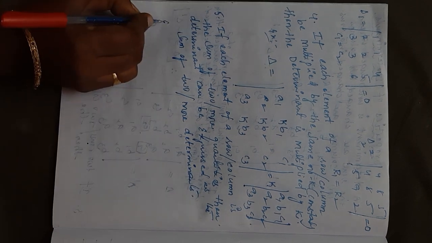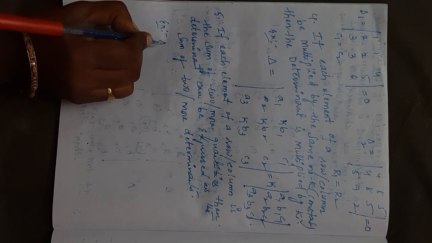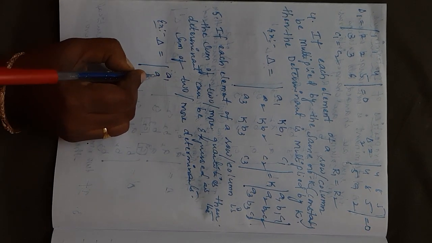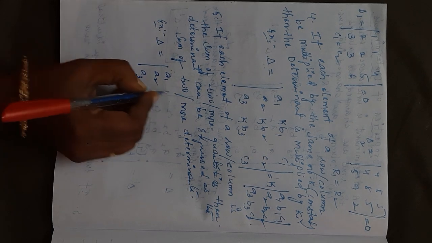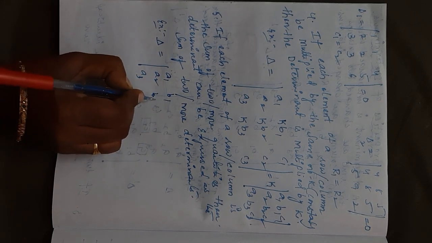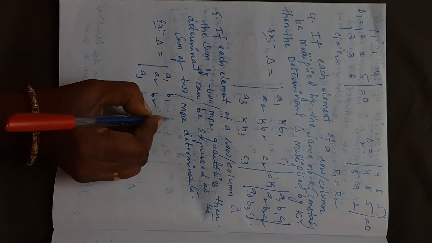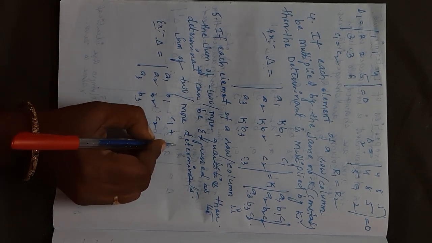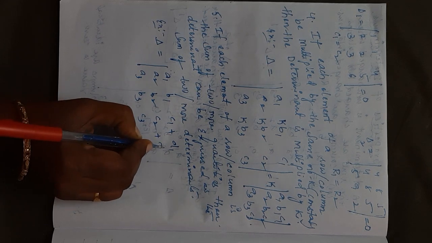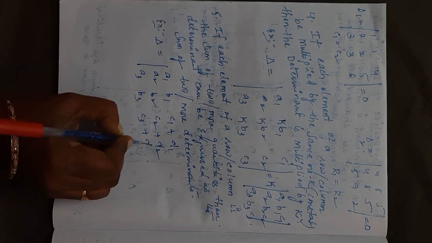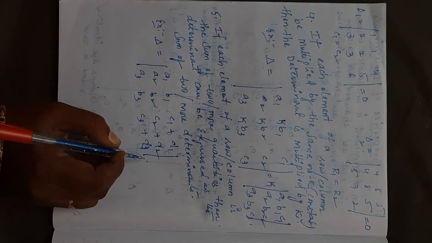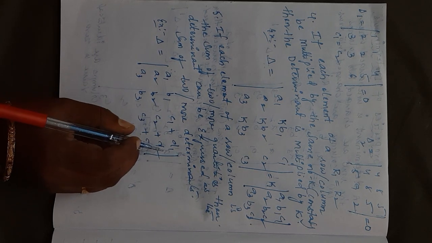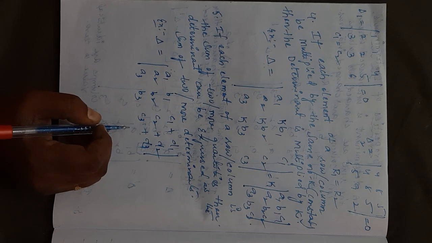For example, let us consider delta equal to a1, a2, a3, b1, b2, b3, c1 plus d1, c2 plus d2, c3 plus d3. So here in the third column you have two quantities, c1 plus d1, c2 plus d2, c3 plus d3.